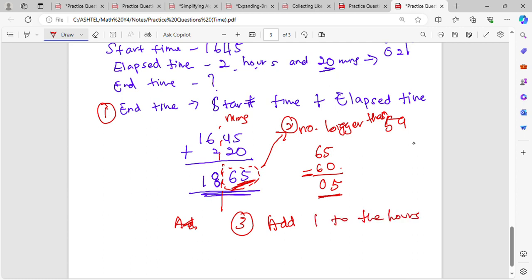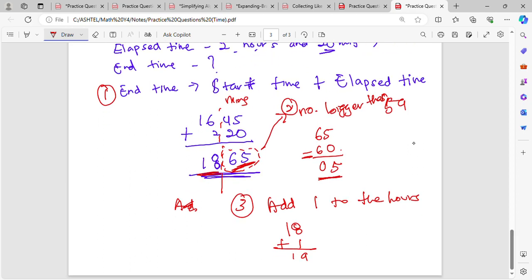So the 18 you got here, you add 1, so you will get 19. Then you just rewrite the whole answer again and combine. This one is the hours, so you start with the hours first, and then this one is the minutes, then you write the minutes. That is your final answer.